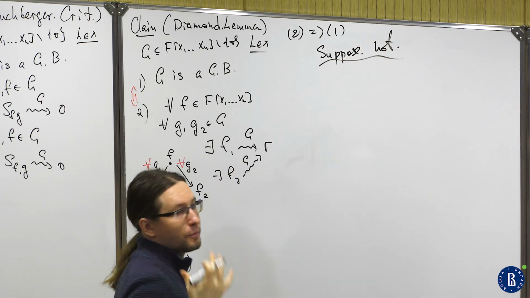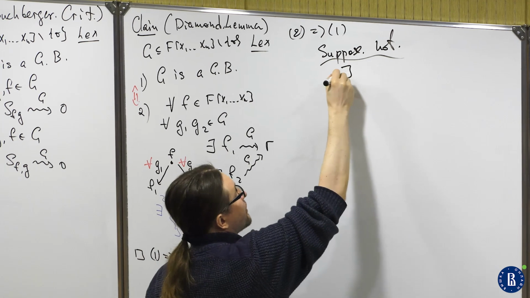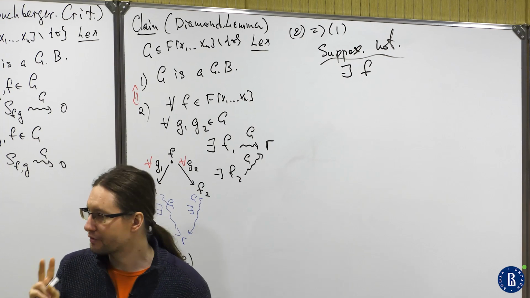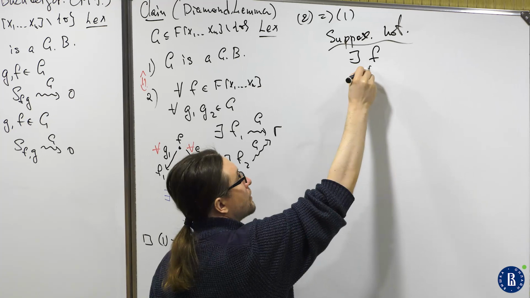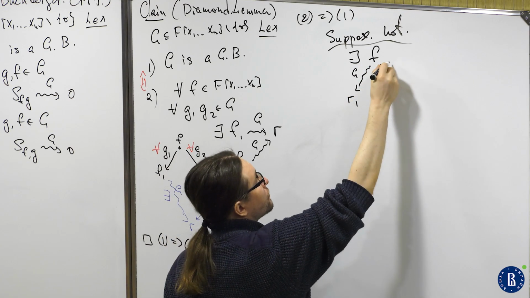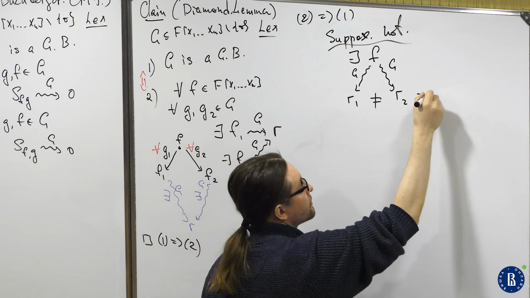Suppose G is not a Gröbner basis. What does it mean? It means that there is a polynomial f such that it has at least two different remainders. So there is a way to reduce f to remainder 1, and there is a way to reduce f to remainder 2. So they are distinct, and they are remainders.